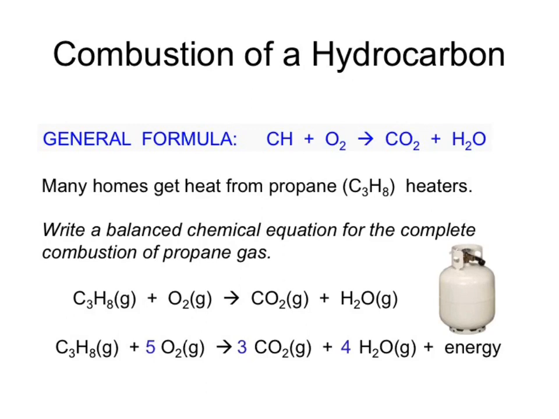Because of that combustion, that's where we get our heat. If we balance that equation, then for every 1 mole of propane, I need 5 moles of oxygen. And then that will get me 3 moles of carbon dioxide, 4 moles of water, and my energy, the heat that I need that's coming out from that reaction.